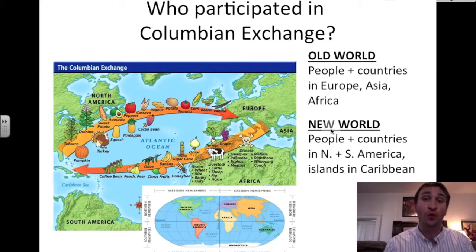The New World contained people and countries in North and South America. We also have to include the Caribbean islands because they are extremely important in the Columbian Exchange. And the New World is made up of countries in the Western Hemisphere, the hemisphere that hadn't been explored too much by the Eastern Hemisphere.